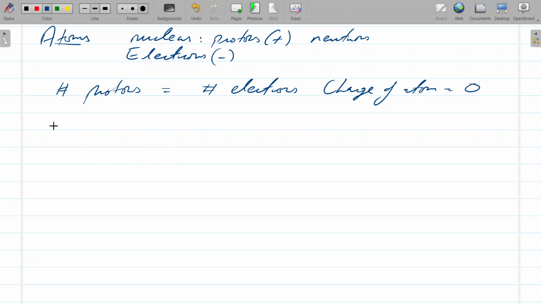Now, just as a short reference, this is the basis of ionic bonding: atoms lose or gain electrons, and so they develop a charge, and those are called ions, right? But ions are not what we're talking about right now. So two things can happen. You have materials that are called conductors of electricity.